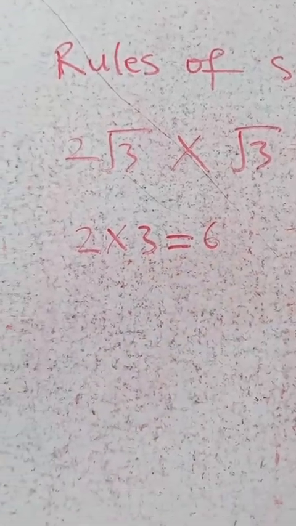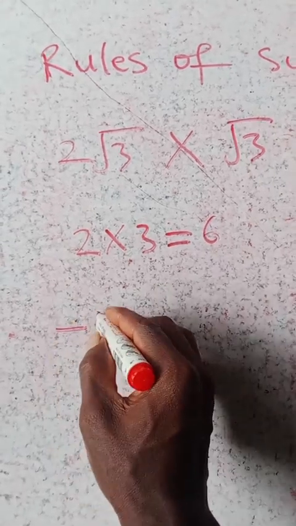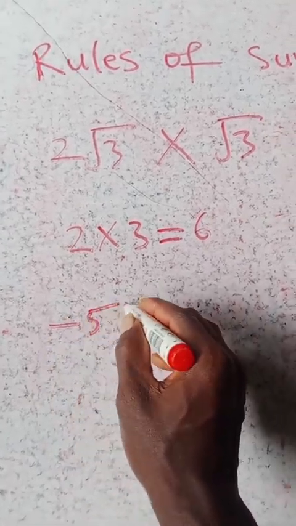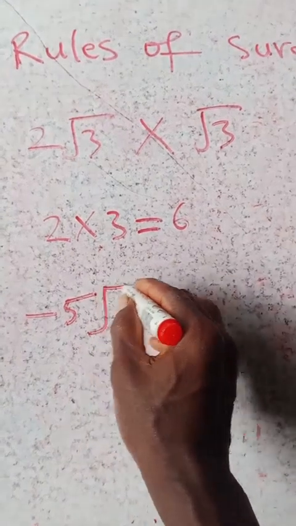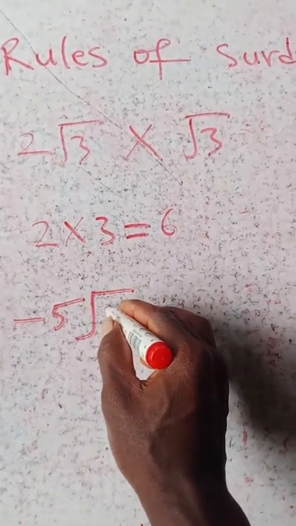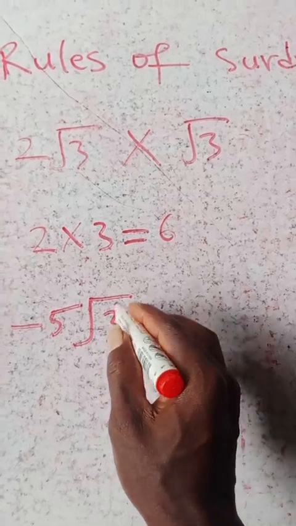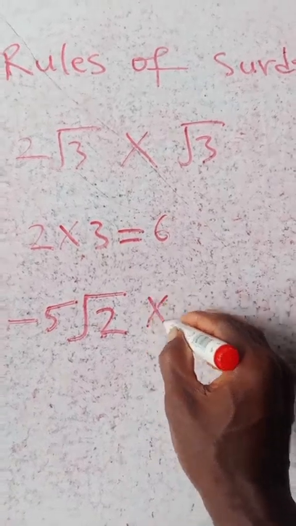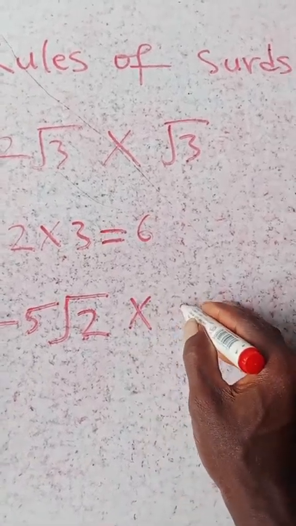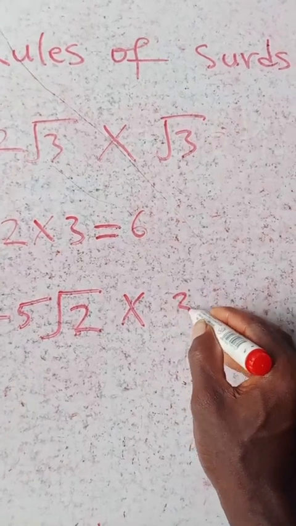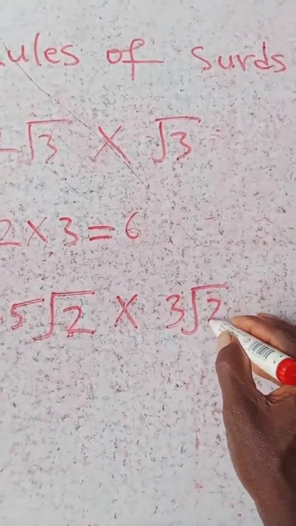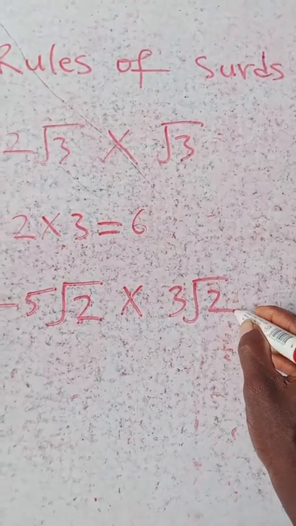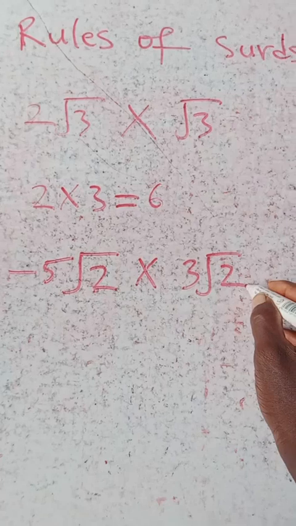Okay, let's do another one. Let's say I have minus 5 root 2 times 3 root 2. Let's say I have this. So what are we going to do first?